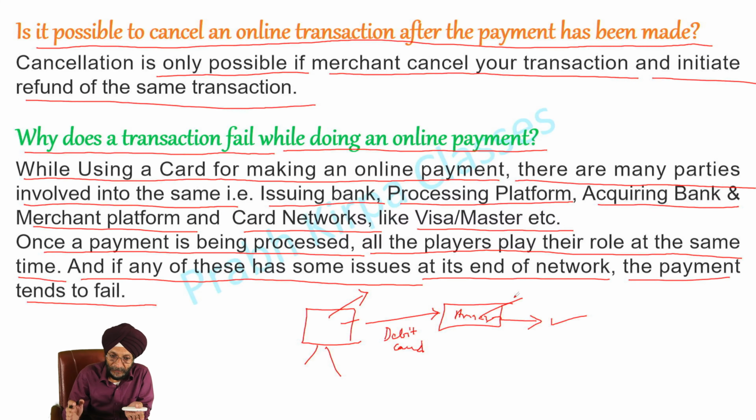So when many parties are involved in the same transaction, there may be some problem at any of the sites. In that case, the payment tends to fail. Now we may be having money in our account.